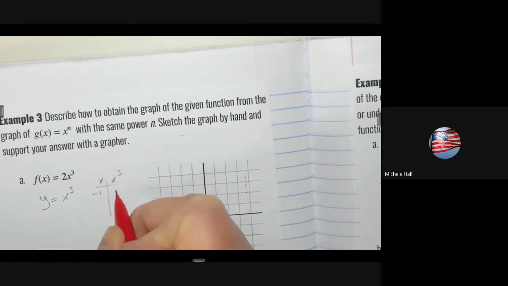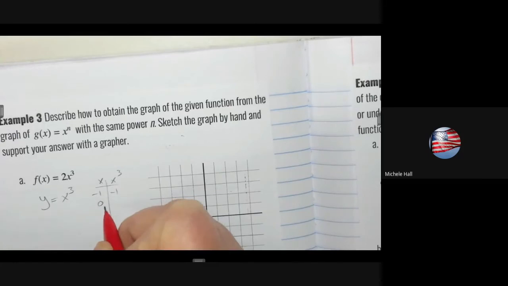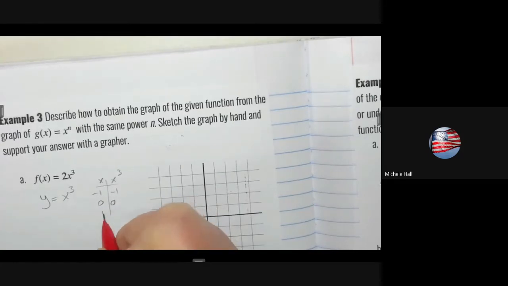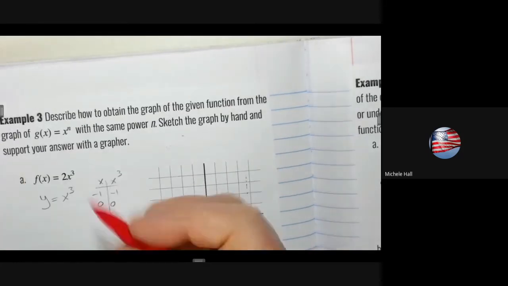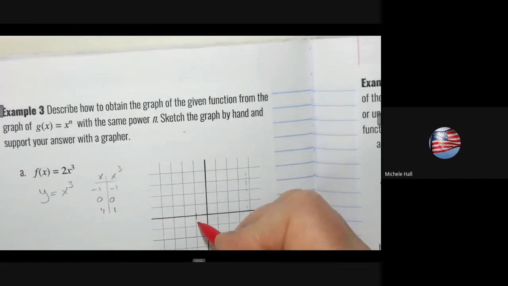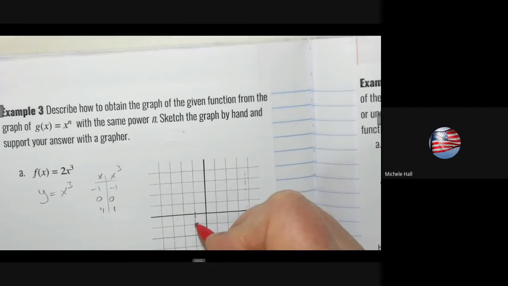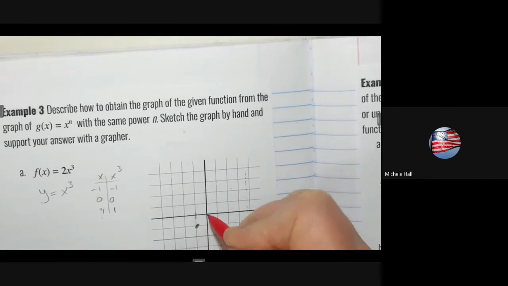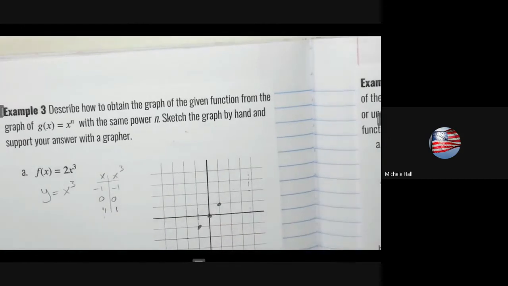When x is -1, we get -1. When x is 0, we get 0. When x is 1, we get 1. So -1, -1, 0, 0, 1, 1. Maybe we think that's a line.